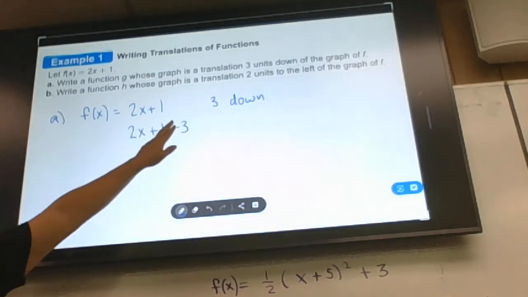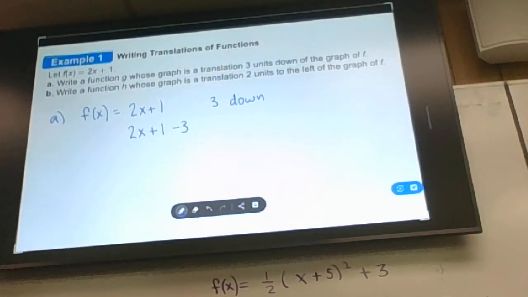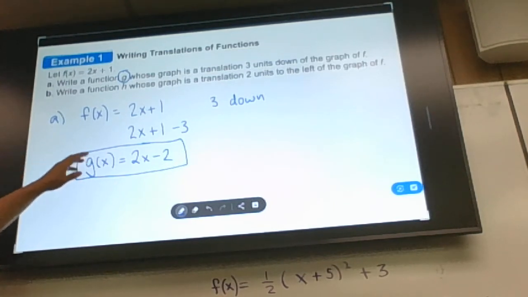Up or down means I changed k. And my directions say to call my new function g. Here's my answer. G of x is not a transformation from the parent anymore. G of x is a transformation from f of x here. So it's that same equation down 3.